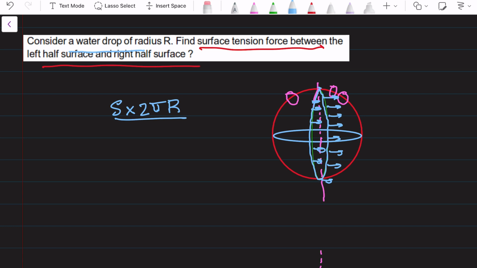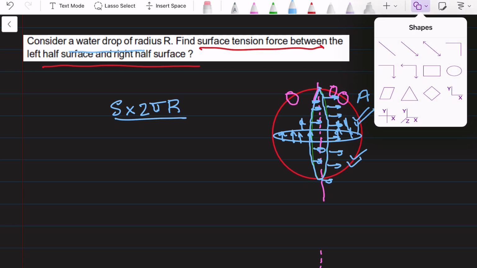Not only this, if somebody asks what is the force exerted by upper half on the lower half, means what is the force exerted by this portion A on the B due to the surface tension, then force will be in this direction, upward, and it will be S into 2 pi r.